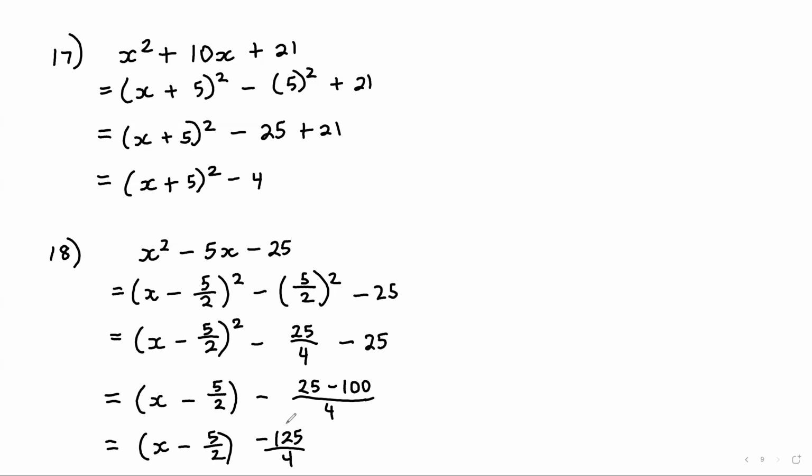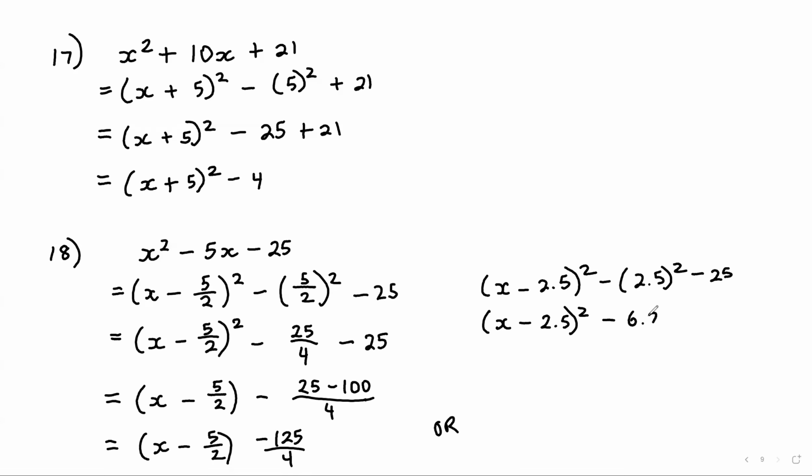Right? So some of you would have had it as a decimal. So you would have had this as, and it's fine, having it as a decimal is fine. x take away 2.5 squared, take away 2.5 squared minus 25. So then that would be x take away 2.5 squared, take away 6.25, take away 25.